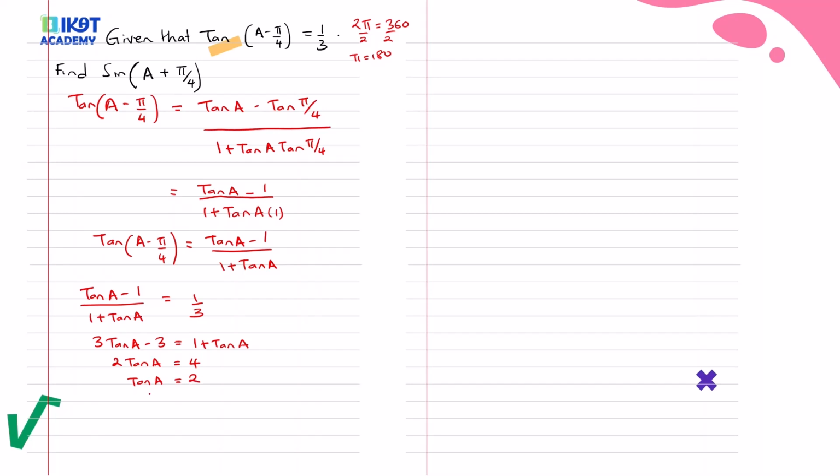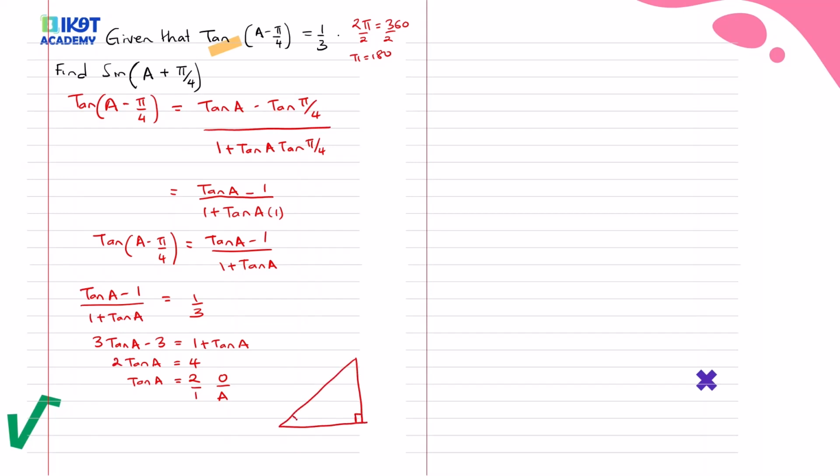Now remember we want to solve this. If we wanted to just find the answer to this, we would have just said A is equal to inverse tan. But now the question wants us to find sine of this. So we don't even need to go any further. We can just use our triangle, using SOH CAH TOA. So now we can draw our triangle like this.